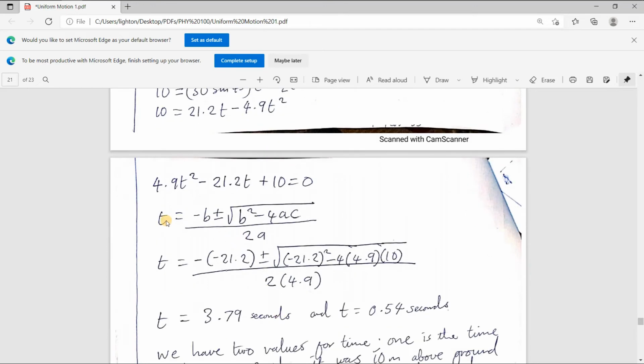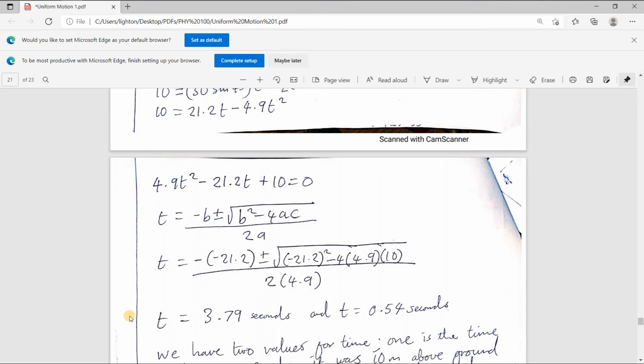This is a quadratic formula which is well known, and if this is our quadratic equation, we're going to have this part as the a, this as the b, this as the c, and we plug into this formula: negative b, plus or minus square root of b squared, minus 4ac, over 2a.